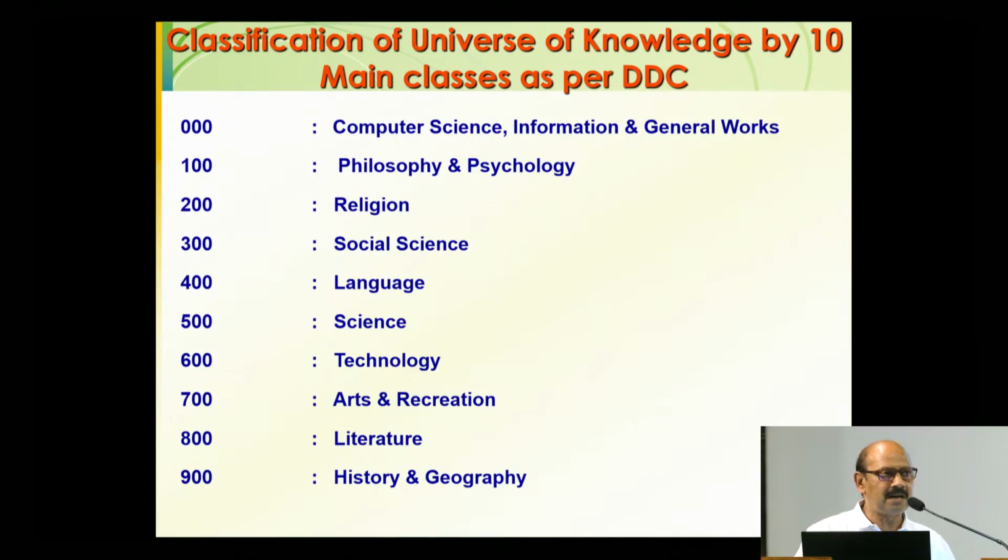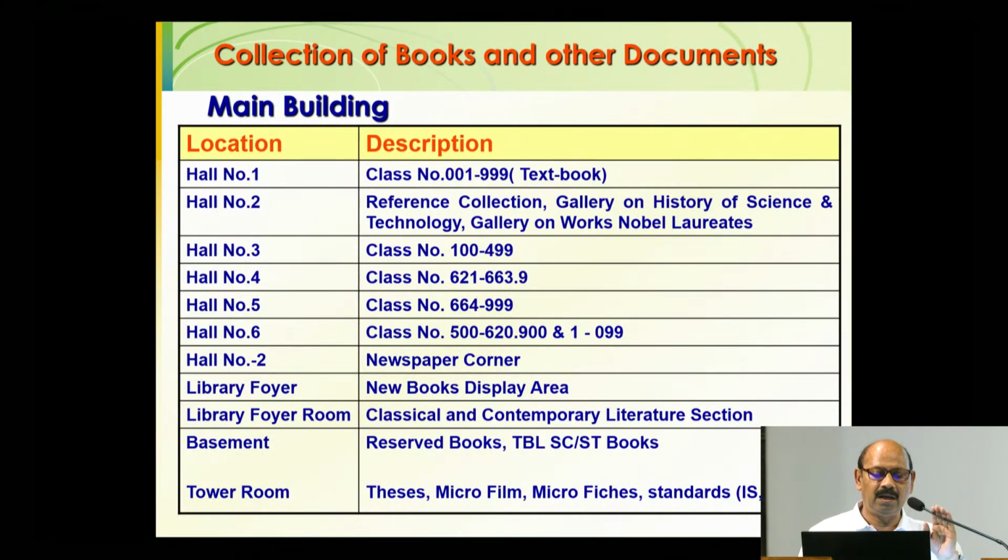Within these numbers all the universe of knowledge is arranged. 000 is computer science, 100 philosophy and psychology, 200 religions, 300 social science, 400 language, 500 science, 600 technology, 700 art and recreation, 800 literature, and 900 history and geography.